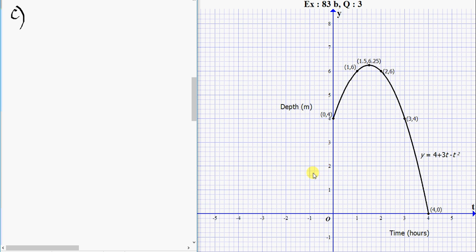So for the depth of water 0, at that time it is 4 hours. The time is 4 hours after midday. So when y equal to 0, t equal to 4 hours.